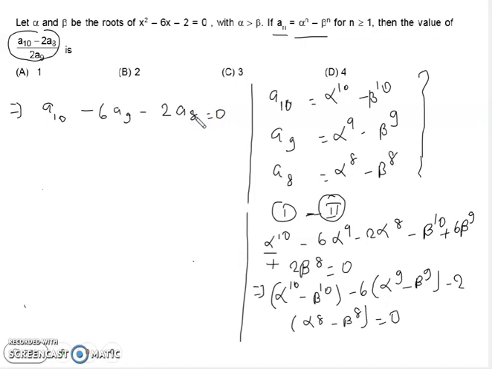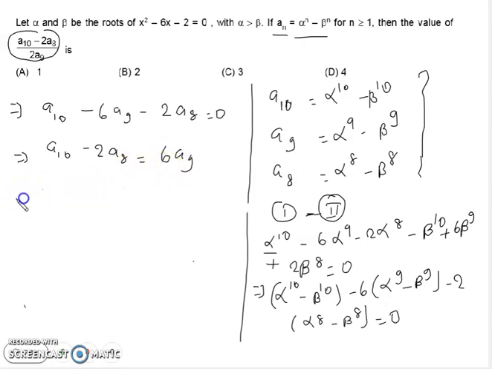Now we can send this term to the other side, because this term is in the denominator in the question. So we can write a10 − 2a8 is equal to 6a9, right?